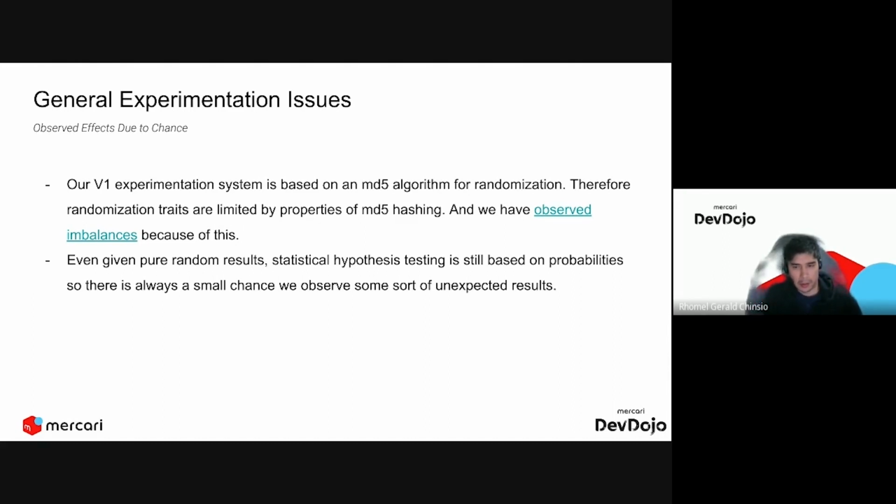So again, another good reason to check AA tests. And even if MD5 was perfect and you truly did have random results, there's still a chance, just due to probability, that your buckets won't hit a good, equal distribution.